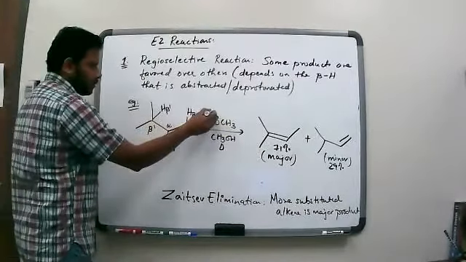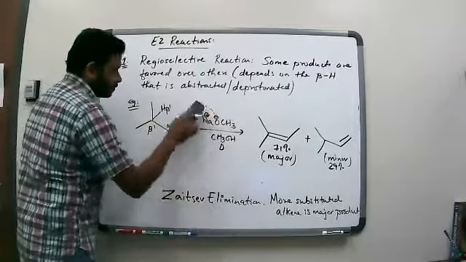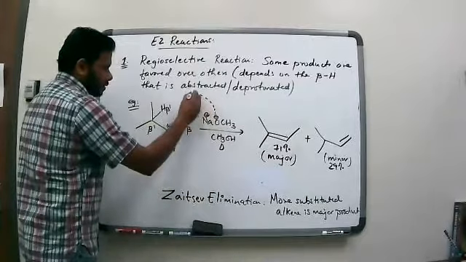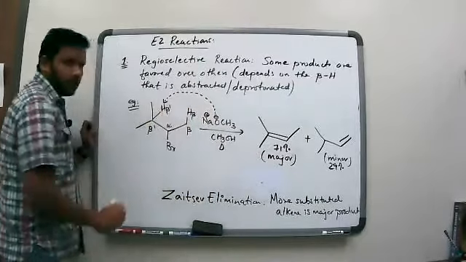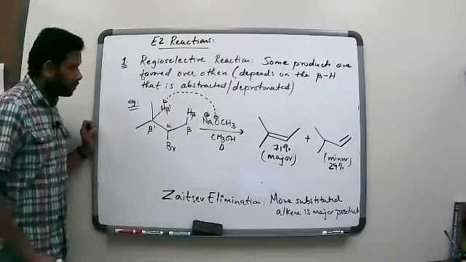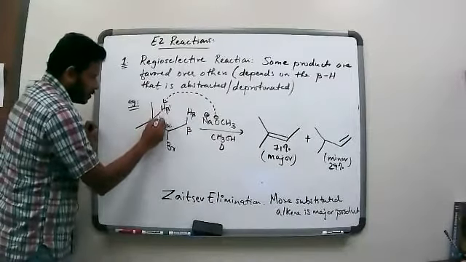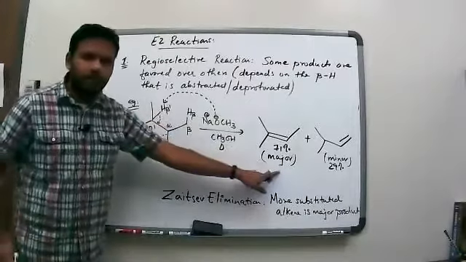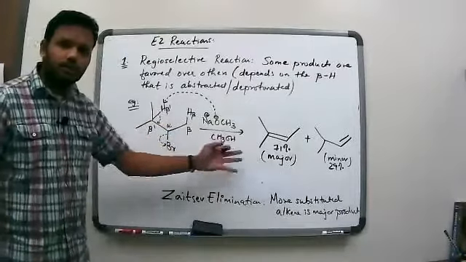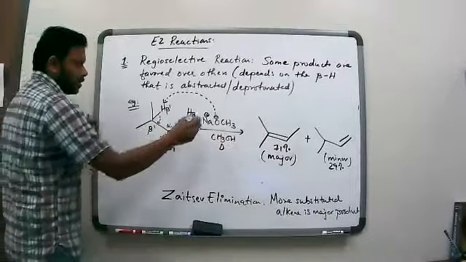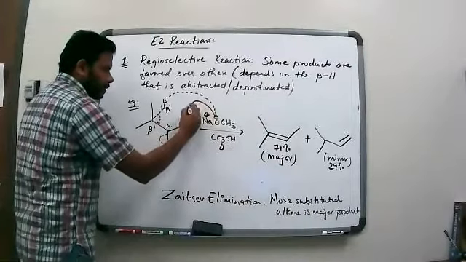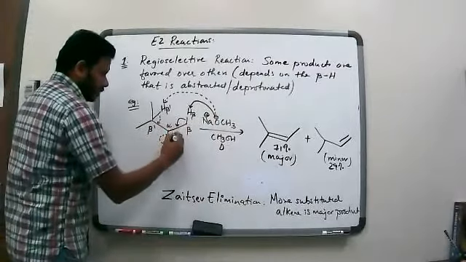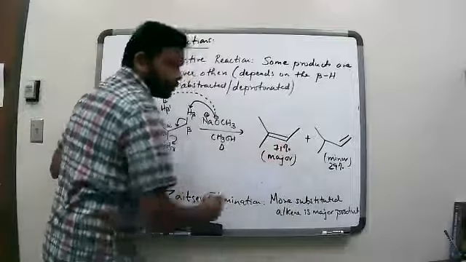If the base deprotonates H beta prime, that would give me the major product that I have here, the more substituted alkene. And if the base deprotonates H beta, that would give me the less substituted alkene.